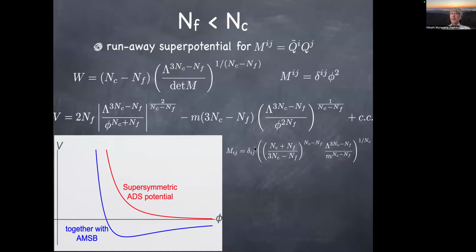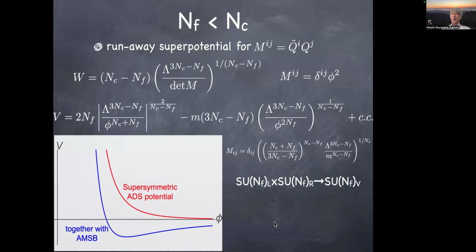But it's proportional to delta ij, which means that the I index that transforms under SU(NF) left and the J index that transforms under SU(NF) right is now broken to the diagonal subgroup, which makes this delta ij invariant. And so you have now derived chiral symmetry breaking just by minimizing the scalar potential.